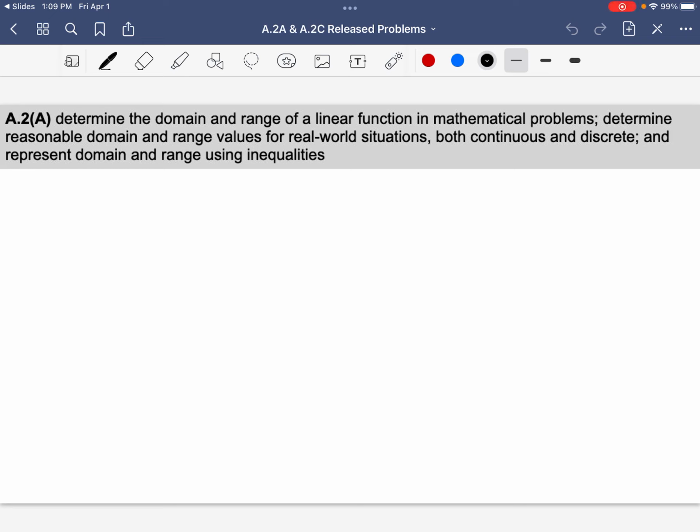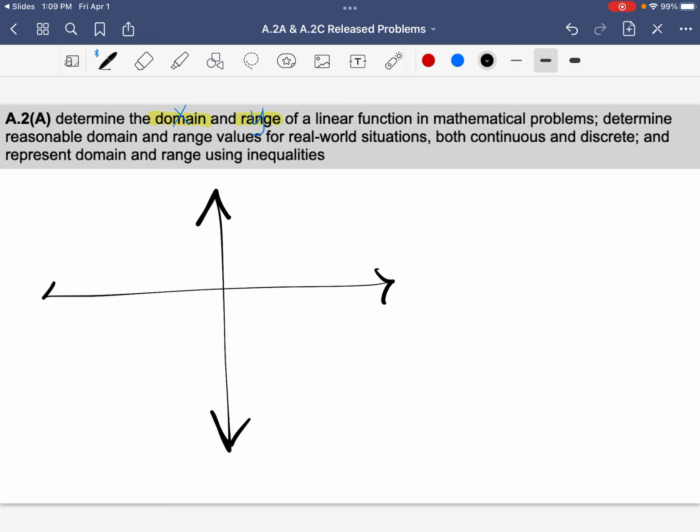All right, you guys, today we're going to be learning about how to determine the domain and range of a linear function. So remember, domain is our x values and range is our y values. So when we're looking at our coordinate plane, in order to determine domain, I would want to look at this x-axis to see all of the possibilities.